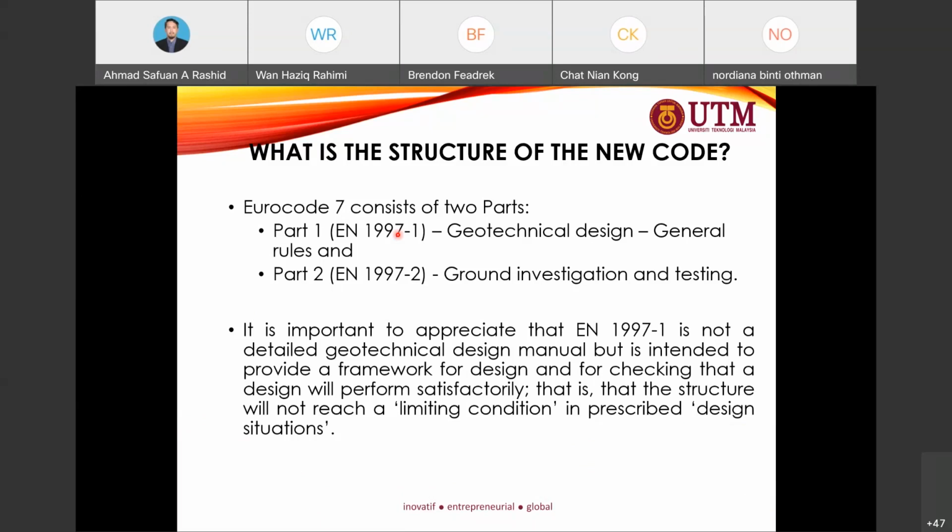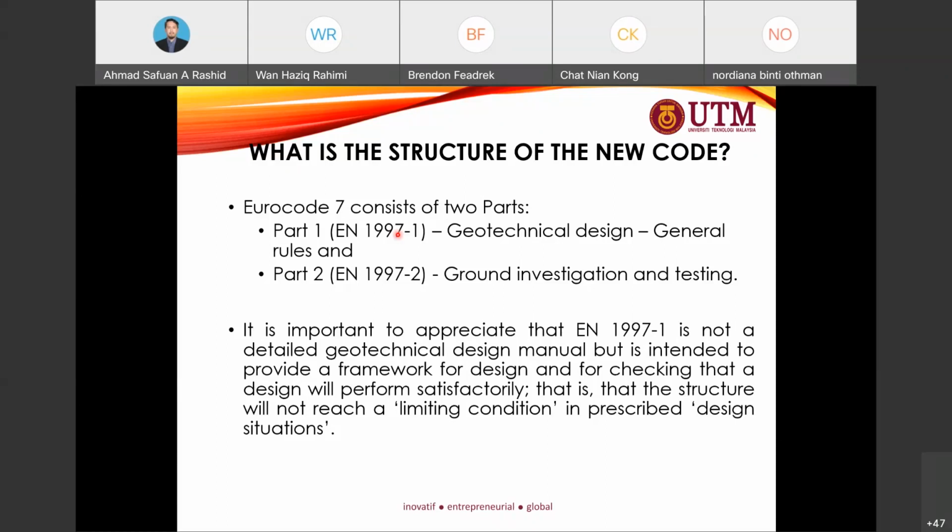However, in Malaysia, we only have MS 1997 part 1, and part 2 is not released yet, due to ongoing discussion, especially on how to conduct the ground investigation, either using rotary drilling or wash drilling.